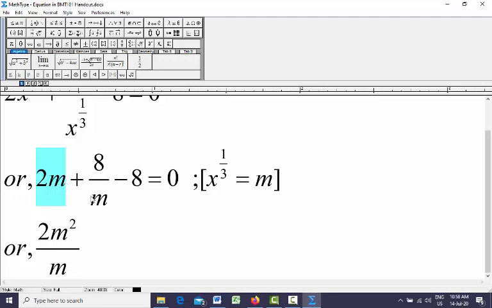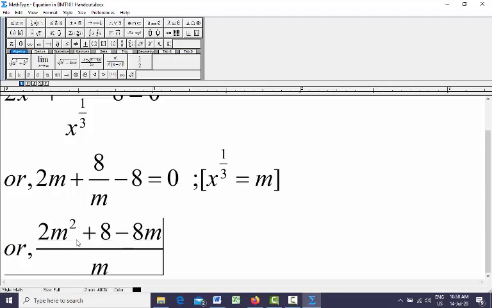So when we multiply, we get 2m square plus 8 minus 8m is equal to 0.